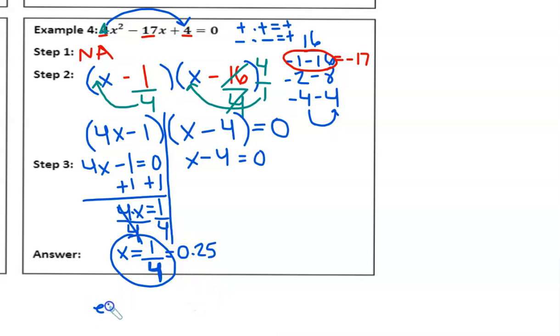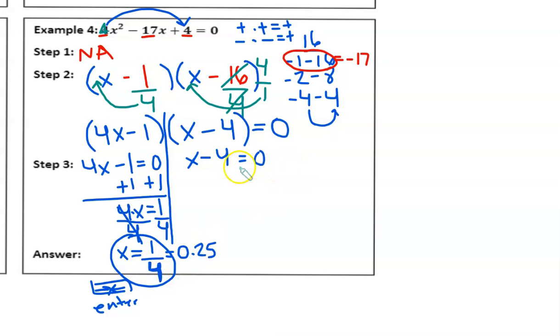Remember that button above enter. If you type in 1 divided by 4 and it gives you the decimal, press the button above enter and it will push it back to a fraction for you. It will reduce it if it can reduce.